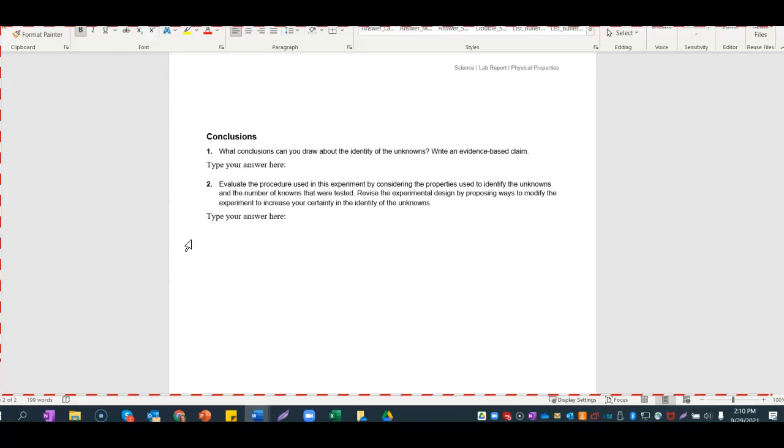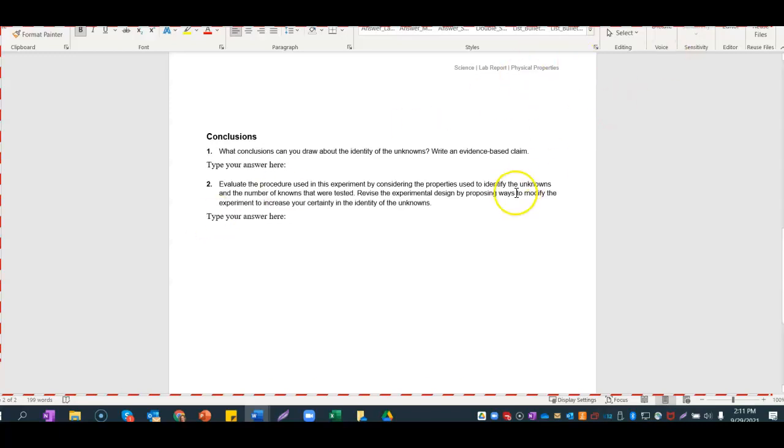So not only know the density, but if we also know that the density is 21.3, the color is silver, and the melting point is so many degrees, then we could even be more sure of the element that we're identifying. So your answer to number 2 needs to be something along those lines. So not exactly what I said, but something along those.